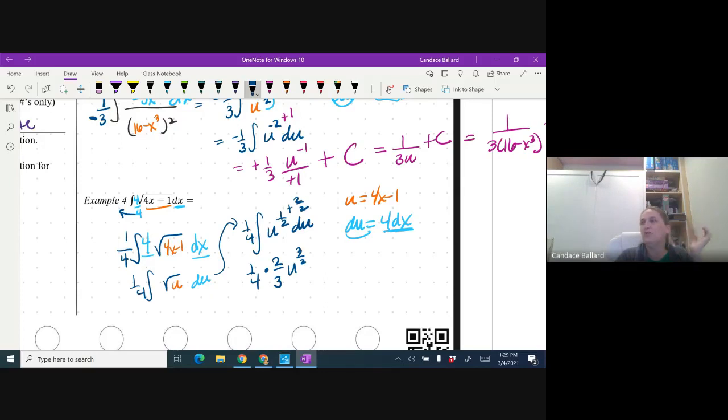I couldn't even trick any of you. You guys are so smart. Plus C. Perfect. All right, I'm going to do a little bit of simplifying. 2 goes into 4 twice, so I would get 1/6, and then my u, which is this 4x minus 1, gets subbed back in to the 3/2 plus c.